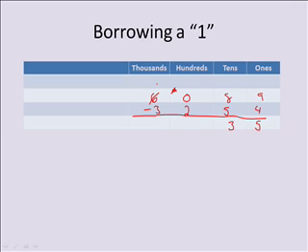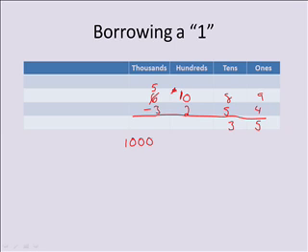from the 6, let's say I borrow 1,000 from the 6, that's going to give me 5,000 here. And I'm not really borrowing 100, I'm actually borrowing just the number 1. So what I did is I borrowed a 1 from here. That leaves me with 5 thousands. And then over here I have 10 hundreds or 1,000. So really I'm borrowing 1,000, right?